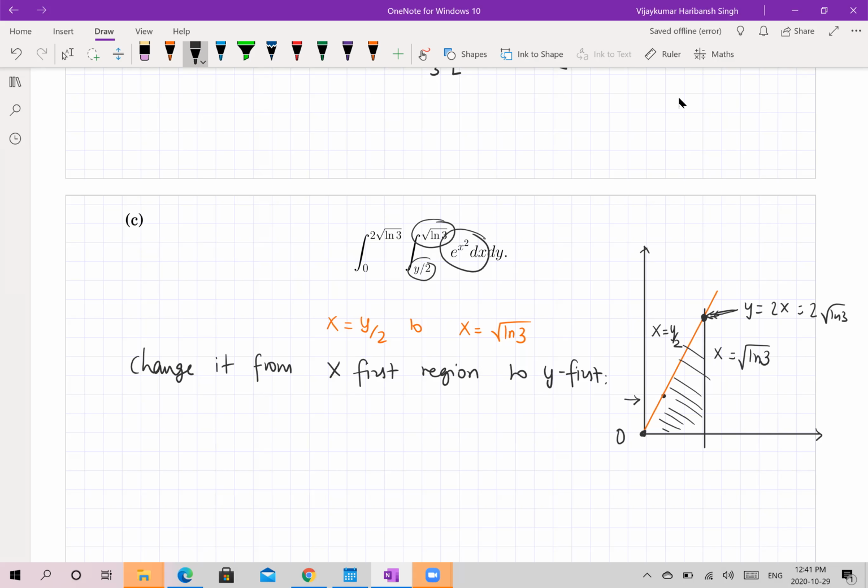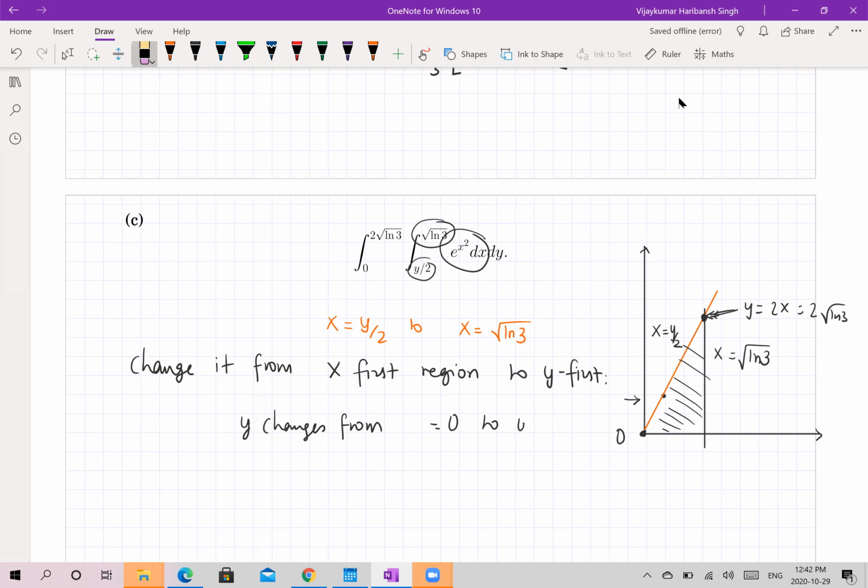So first of all, let's see, is it possible? Let's see where y changes from. So y changes from y equals 0.